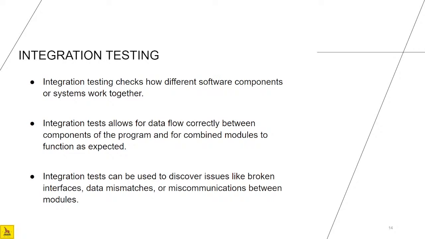Integration tests allow data to flow correctly between components of the program and for combined modules to function as expected. Integration tests can be used to discover issues like a broken interface, a data mismatch, or a miscommunication between modules. And integration tests can be used to test the correctness of the functional and non-functional requirements contained within our software.